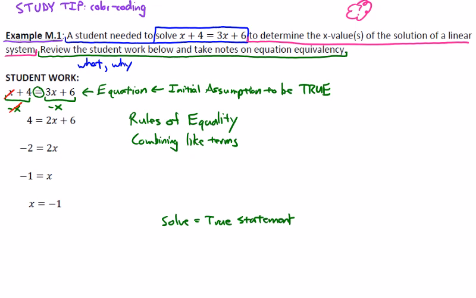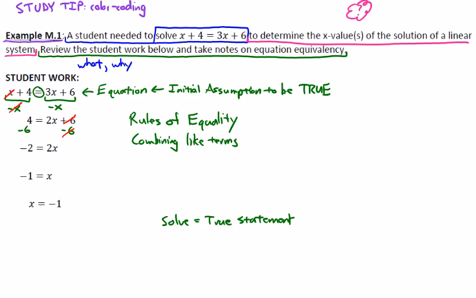Let's subtract 6 from each side of the second equation and simplify. Four minus 6 on the left side will result in -2. And 6 minus 6 on the right side cancels out. This is good. Yet another equivalent equation.